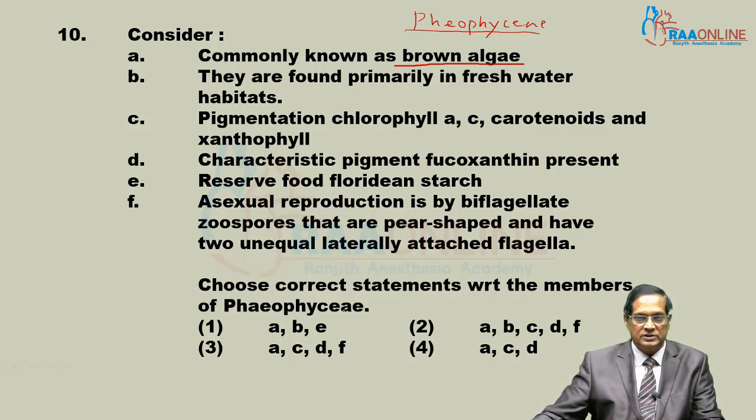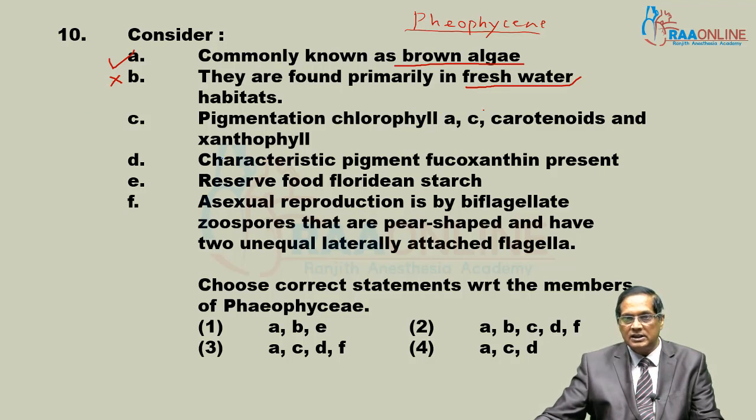We have to choose the correct statement regarding Phaeophyceae. The first one is correct. Second one, primarily found in fresh water. This is wrong. They are actually found in marine water.